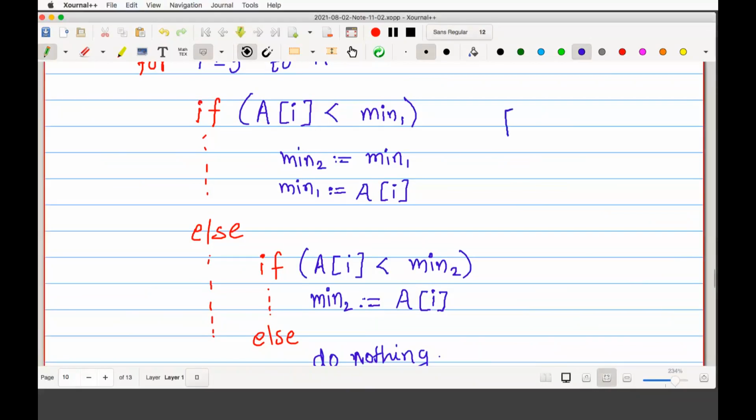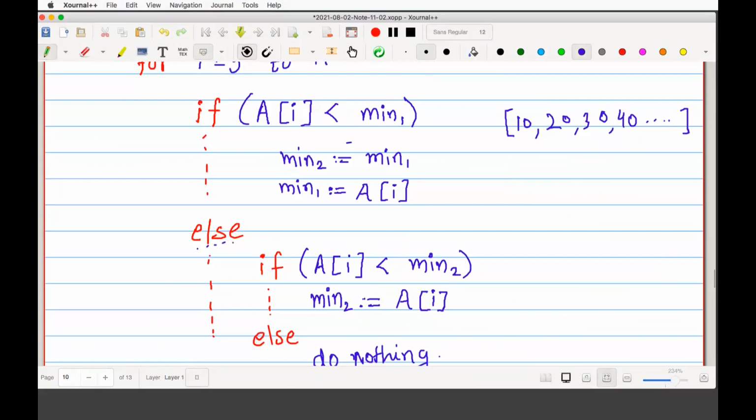So maybe let's say 10, 20, 30, 40, and so on. Okay, now let's see this code. When do you get into two comparisons, right? When you go into the else condition, then you see the second comparison. If you go into only the if part, then there is no second comparison.